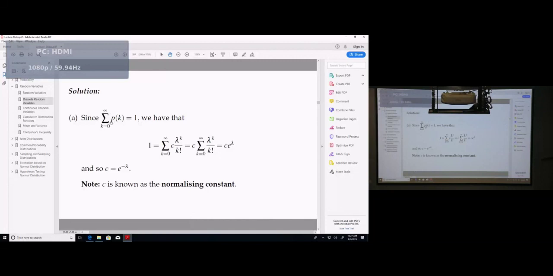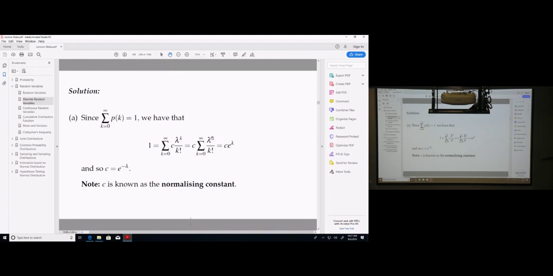So we have this is equal to 1. So C has to be chosen in such a way that the entire sum is equal to 1. So this is what we call a normalization constant. So we will have this, and this follows from the Taylor expansion of e to the power lambda.